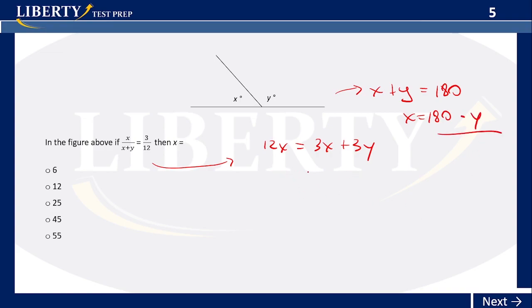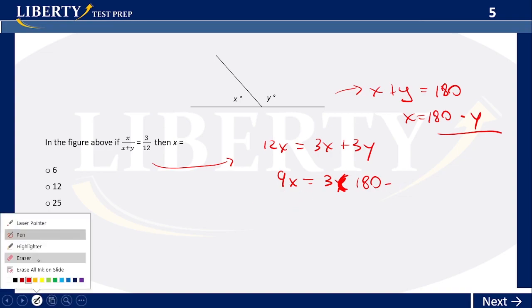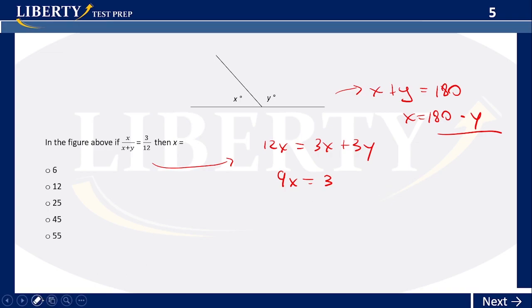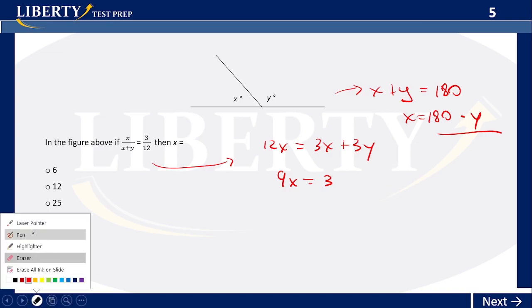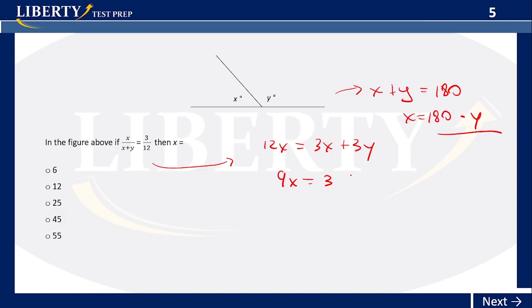Here we just subtract 3x, so actually it's 9x equal to 3y. Because they asked us for x, we want to substitute y here. y is equal to 180 minus x, the same thing.